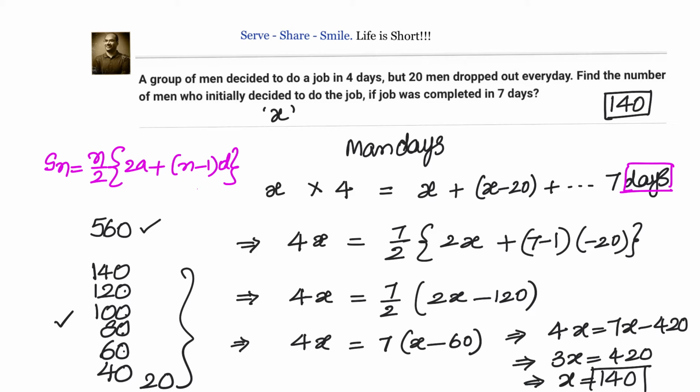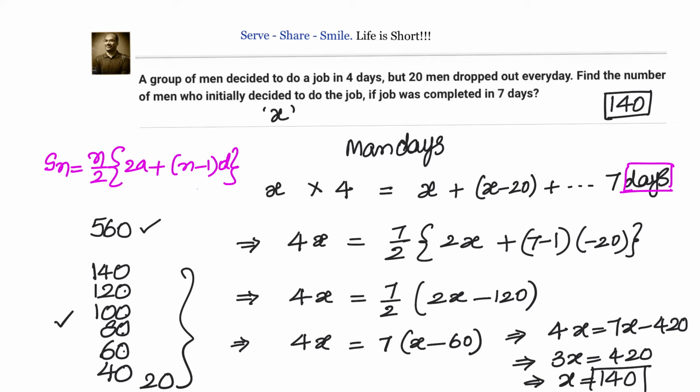Let's have a recap of this. A group of men decided to do a job in 4 days, but 20 men dropped out every day. Find the number of men who initially decided to do the job if the job was completed in 7 days. We said let the number of men be X. Then the work done by them in 4 days is 4x.